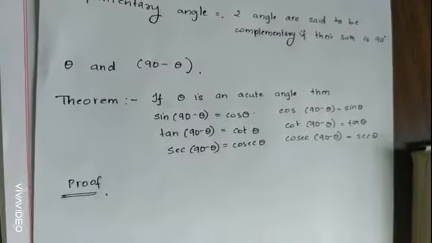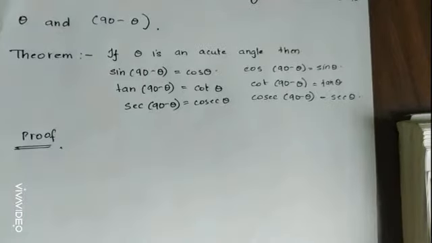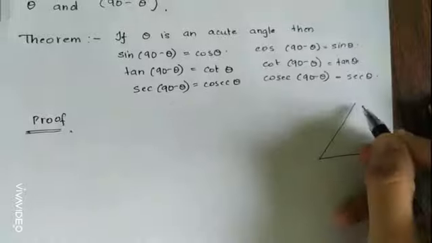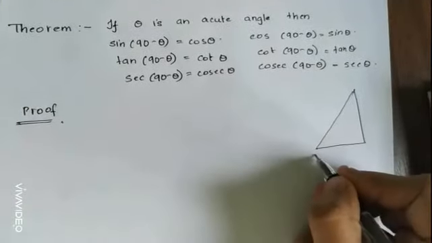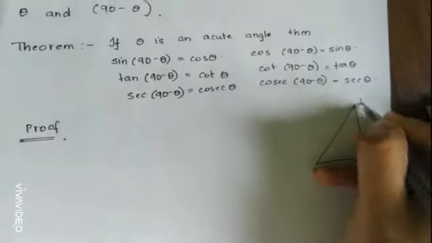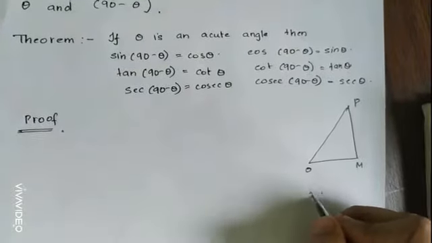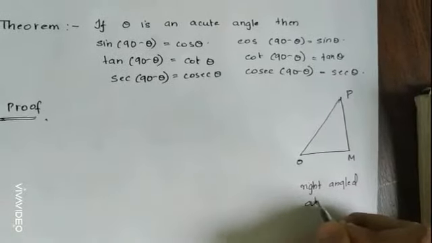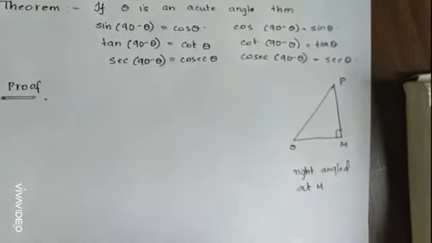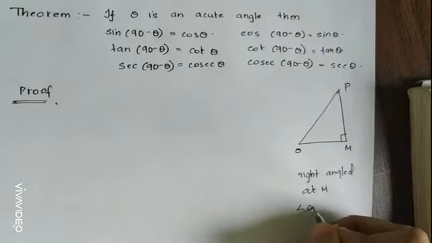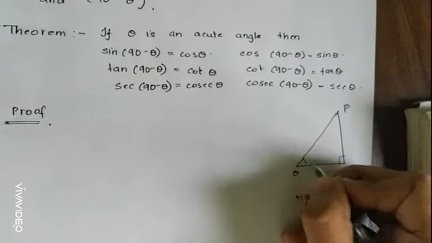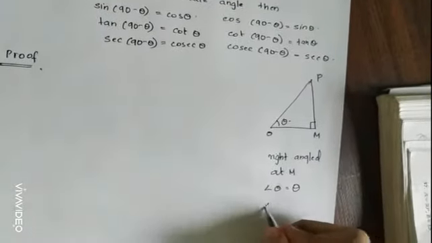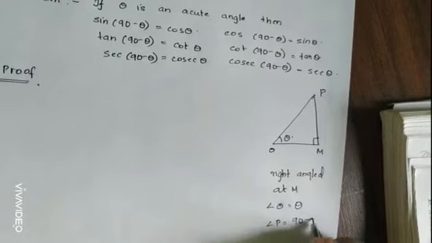Proof. For that, let us consider a right-angled triangle OMP, which is right-angled at M. Let angle O be theta. So obviously when angle O is theta, angle P comes out as 90 minus theta.